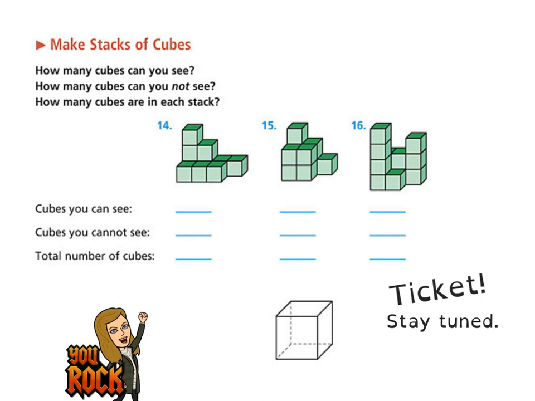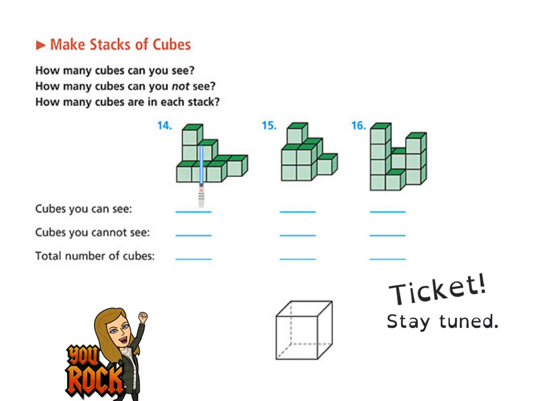This page includes different stacks of cubes. Now these are almost like little puzzles because there are some cubes that you can see and some cubes that are hidden where we can't see them, but we need to find out the total of cubes that are in this stack. So I'm going to solve the first one with you. If you notice this stack of cubes, there are quite a few cubes that we can see with our eyes right away.